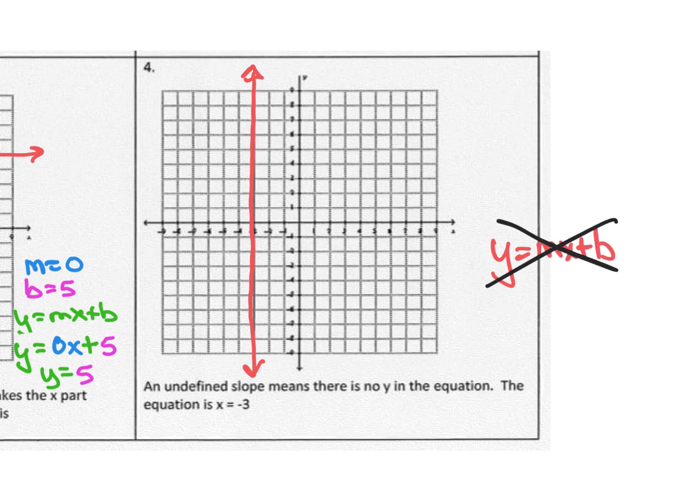The reason why is because this line doesn't do anything with the y-axis. This is actually a special case, so it's going to be x equals. What we're looking at is, where does this line cross the x-axis? Well, it crosses the x-axis at negative 3. So this equation is x equals negative 3.